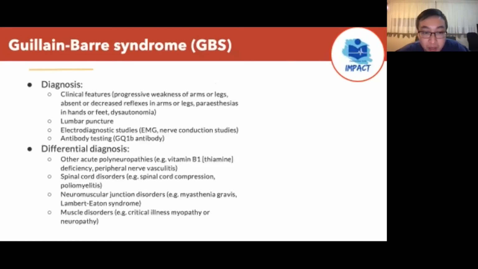Now, to diagnose: we, and the neurology registrar, suspect a diagnosis of Guillain-Barré syndrome in this patient, and the clinical features are quite consistent. Progressive, symmetric muscle weakness, absent or depressed deep tendon reflexes.